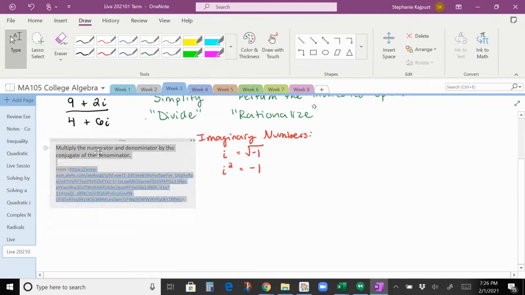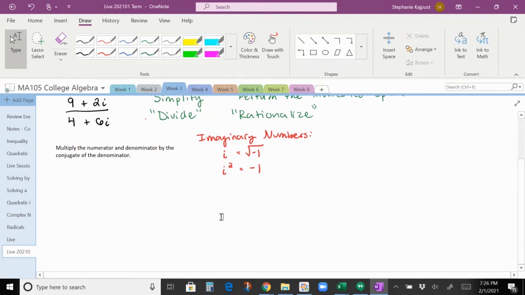So that would be our first step, is to multiply the numerator and the denominator by the conjugate of the denominator. Now, this does not make sense to most people because it's got all these words and you're like, what is going on? So when you're taking notes, you want to kind of break it down in your words for you to understand, in addition to whatever the problem is telling you.